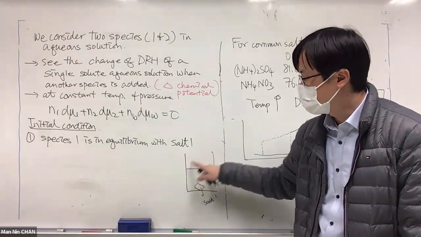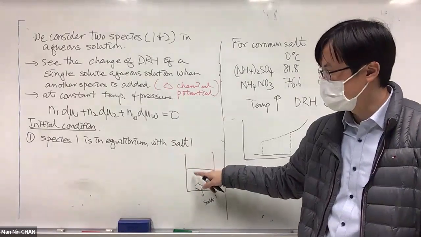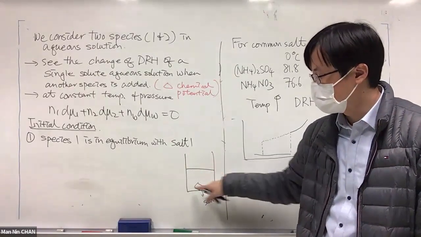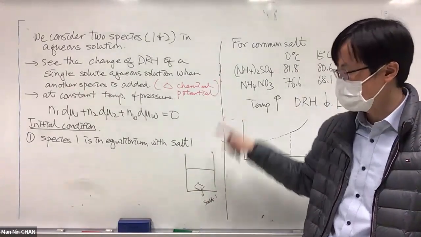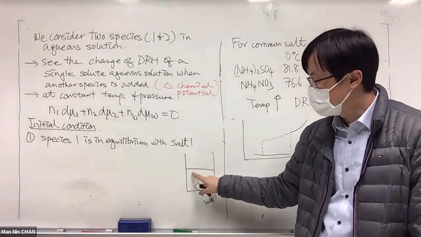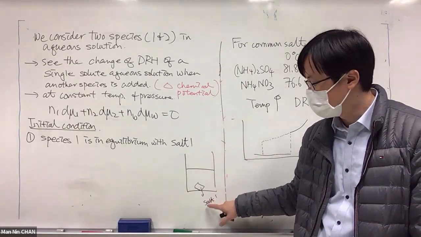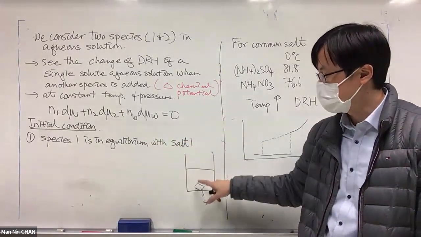So therefore, this will be the DRH. The water activity of your solution here will give you the DRH of your species one. Does it make sense? Because this solution is a saturated solution with respect to the salt one, that means your species one.